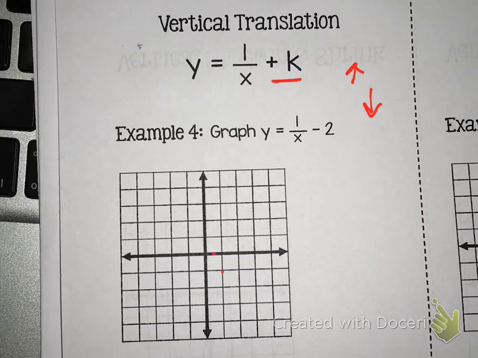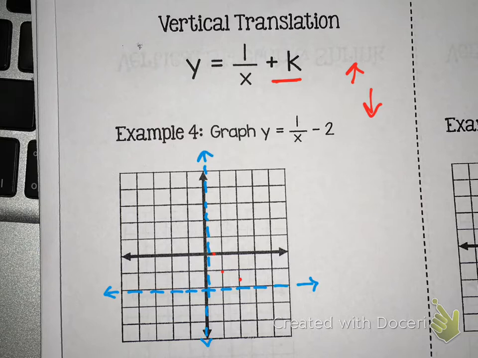And then your 2, 2 would be at 1/2. So you're going to go down 2 like this. And so it's also going to move your horizontal and vertical asymptotes. So your horizontal asymptote, which is on the x-axis, has to get moved down 2. So it's only actually going to move that horizontal. And your vertical asymptote is still going to be where x is equal to 0.